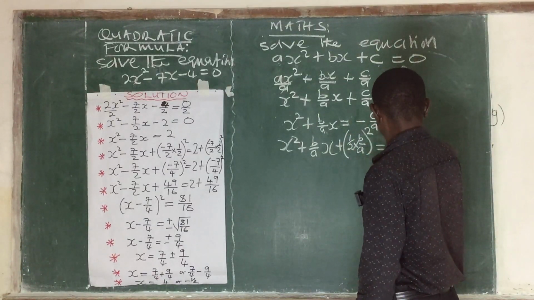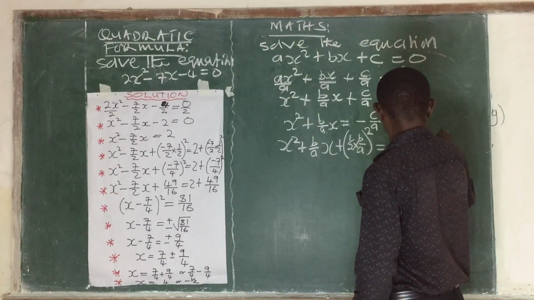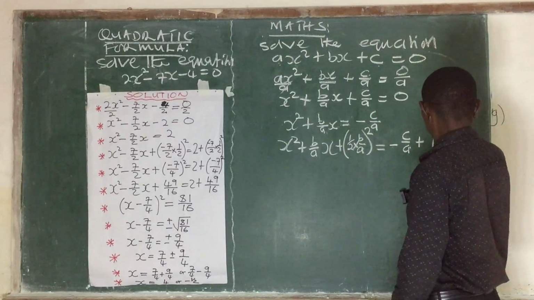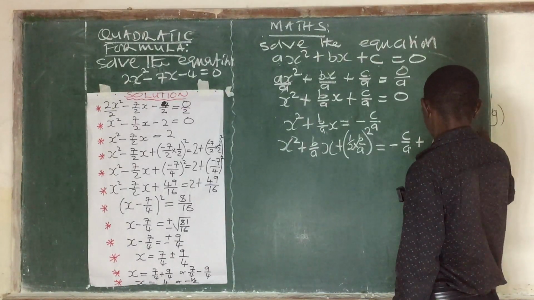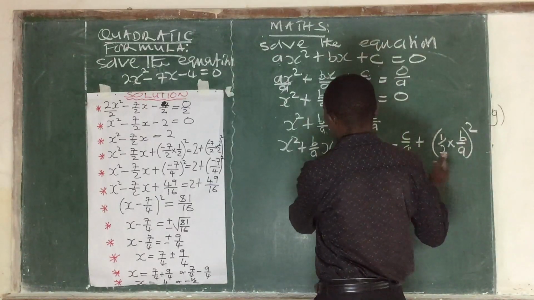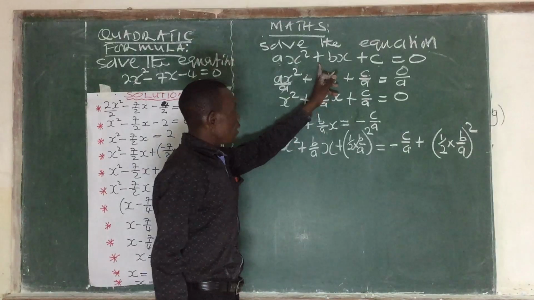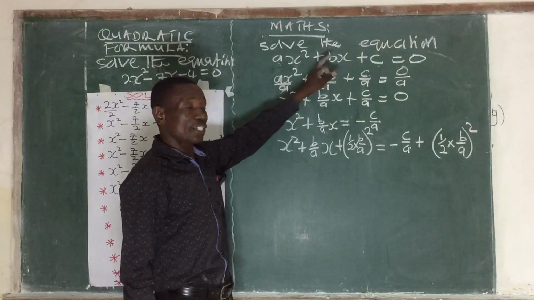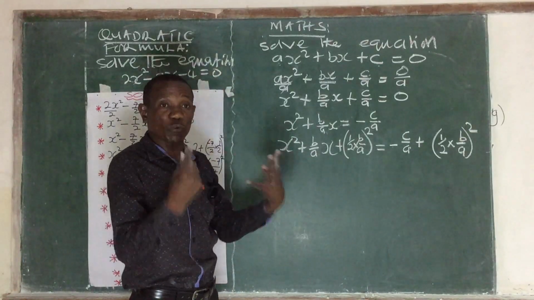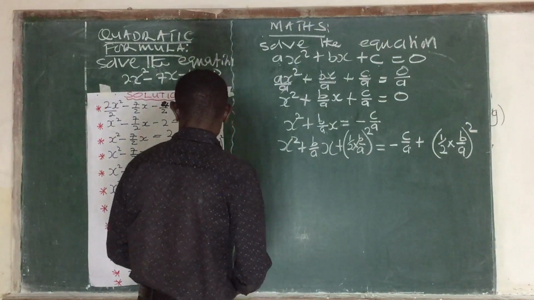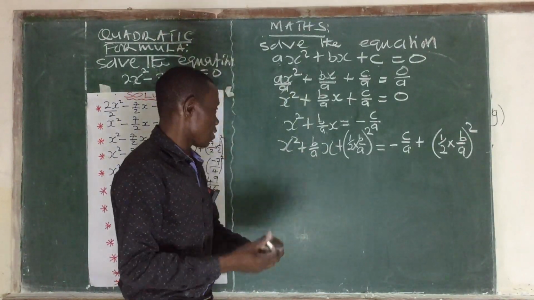We have our negative C over A, and this will be added with half multiplied by B over A, squared. So you can see what I do here is the same that we do here, only that here we are referring to the form of the quadratic term, because we'd like to find something general, fitting all quadratic equations. Right, so now from that part, let's try to simplify where necessary.